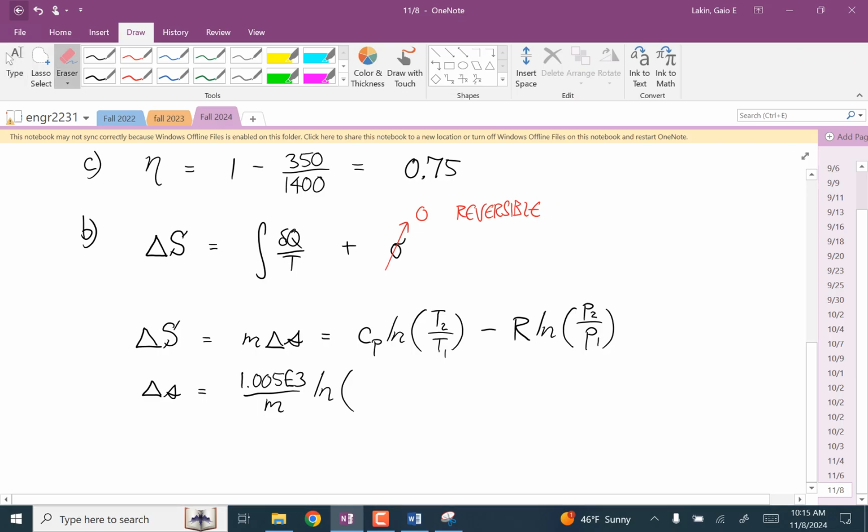Okay, so isothermal means the temperatures stay constant during this process, so that first term goes to 0.